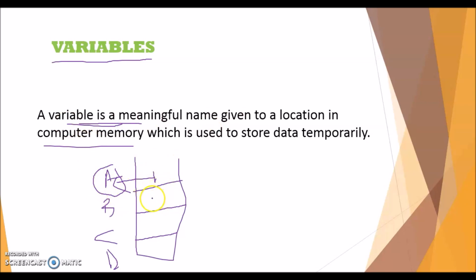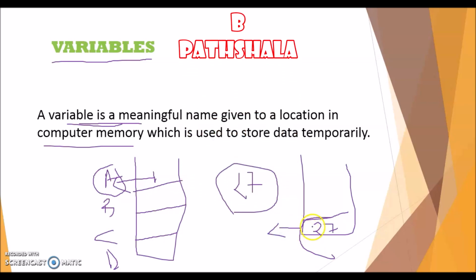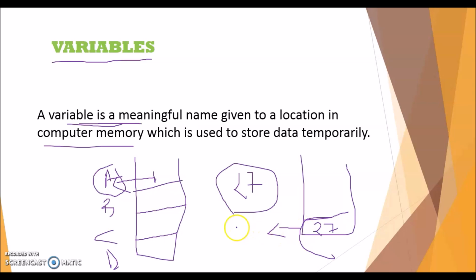Like if I want to access any location, like the 27th location, or you can say I want to access the data 27, in the memory I would search for that data, and it would be easily available with the help of its location name. Suppose its location name is F. So this is a variable.